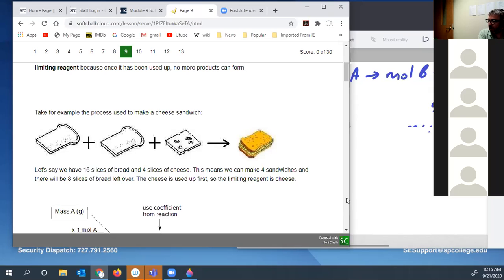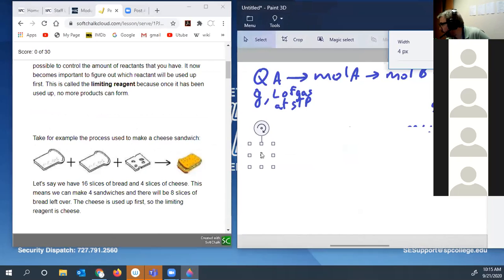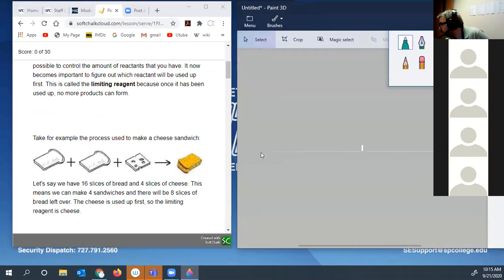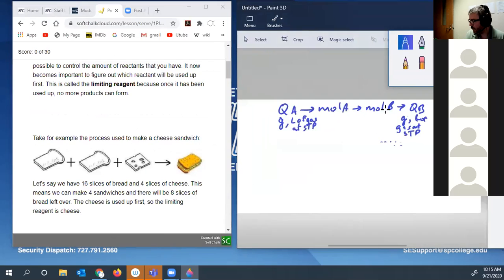But if we vary that a bit, because this is our reaction here.